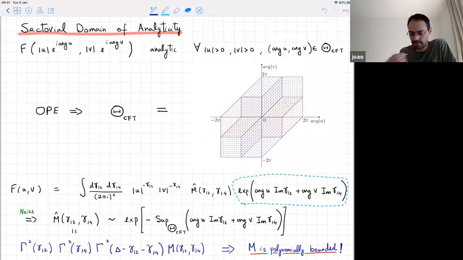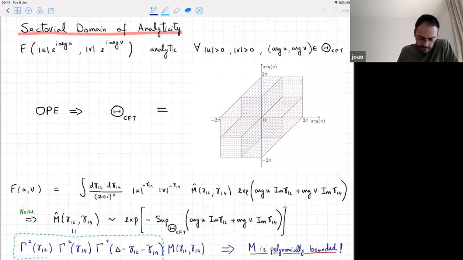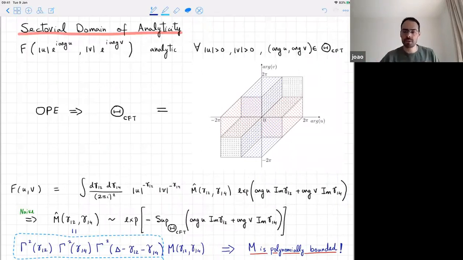Right? It's basically the growth of this is killed when you are at the boundary. And now it turns out that if you analyze the growth at large gamma 1,2 and gamma 1,4 of this product of gamma functions, it's exactly this exponential suppression. Okay? So just use the Stirling approximation for the gamma functions, it comes out like that, which would imply that the Mellin amplitude is polynomially bounded. Okay?